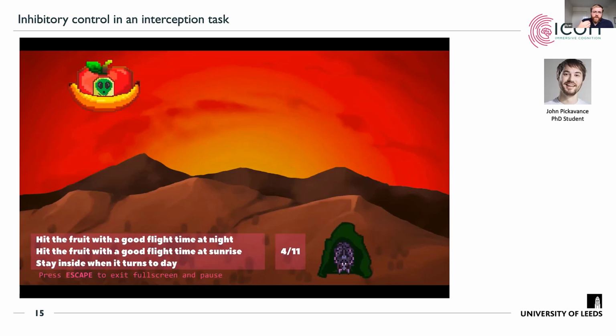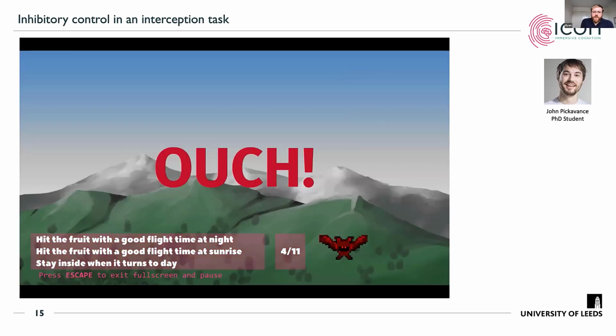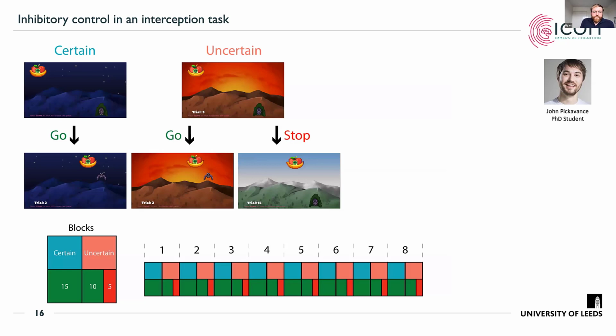You don't actually want to move on them, and the fact that the screen changes color will indicate whether this is a trial where you're certain that you can move freely and intercept a target, or a trial where you don't know whether it's going to be safe to go or not. These are allotted in the experiment: 50% are certain trials, 50% are uncertain.